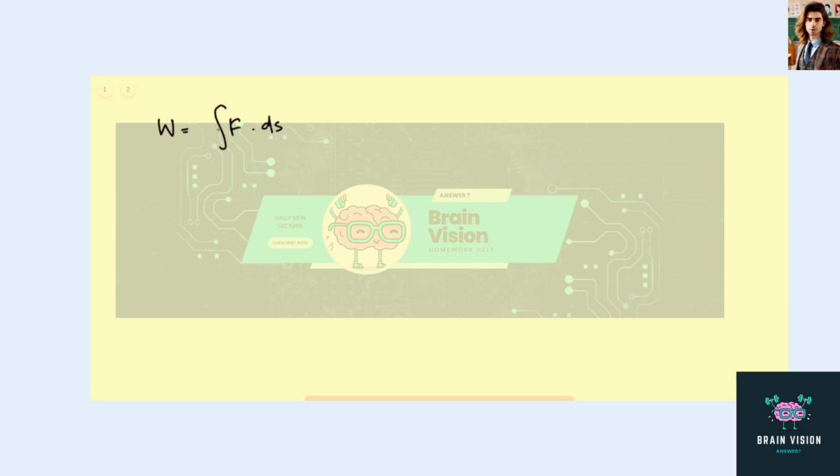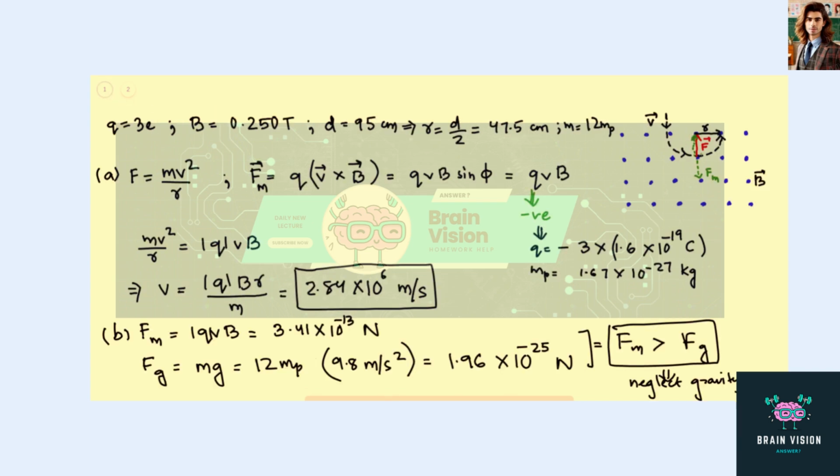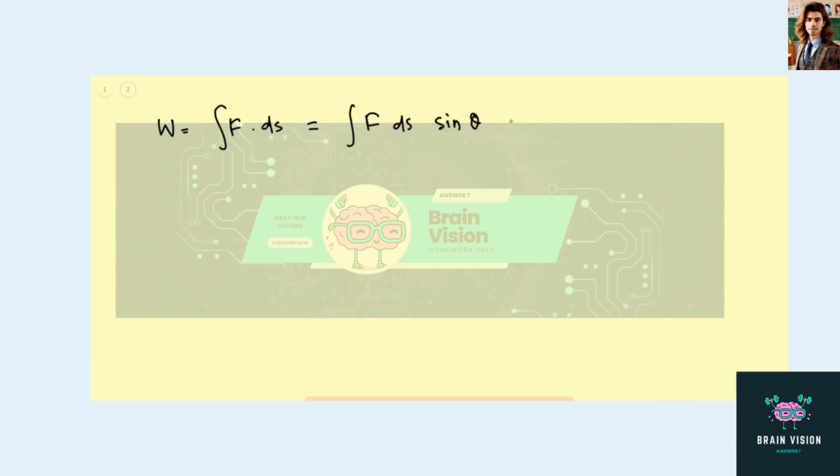So this will be equal to F times ds sine theta, where theta is the angle between force and the displacement. Now we see that the particle is moving along this direction, and force is always perpendicular to the displacement. That means work is 0, and therefore the particle moves with constant speed.